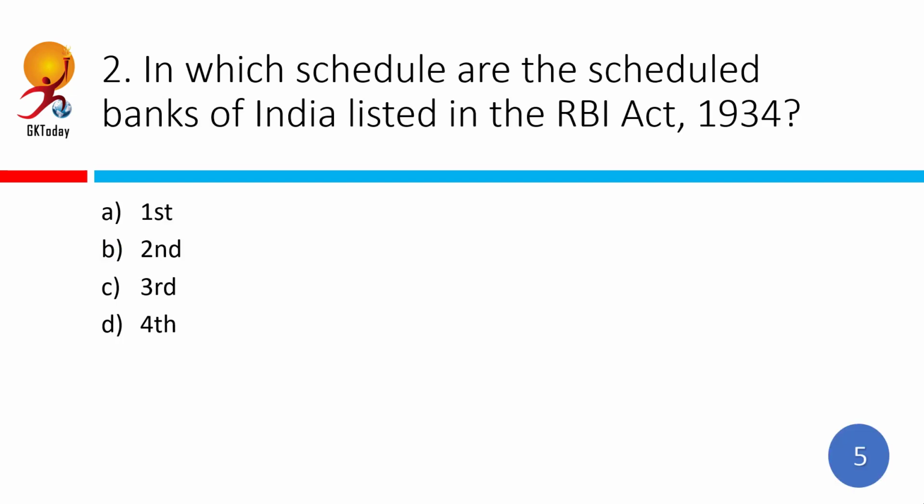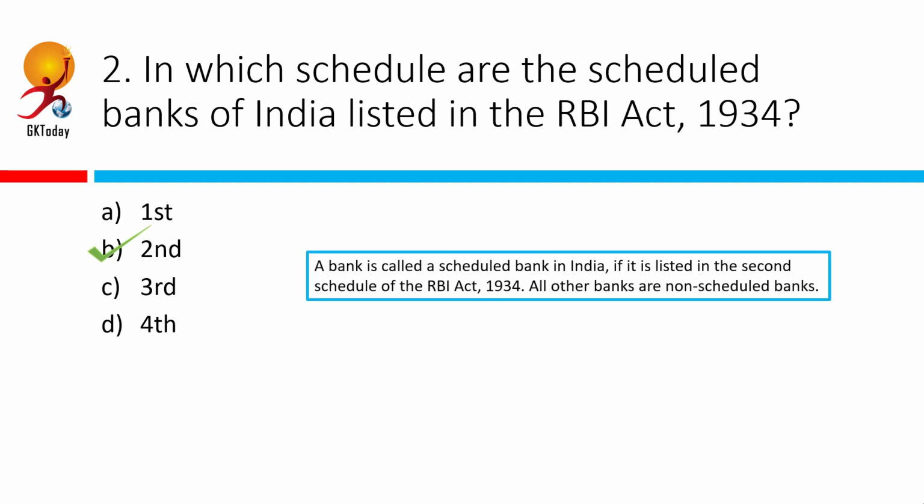In which schedule are the scheduled banks of India listed in the RBI Act of 1934? Correct answer is B. A bank is called a scheduled bank in India if it is listed in the second schedule of RBI Act 1934. And in order for a bank to be included in this schedule, banks have to fulfill certain statutory conditions.